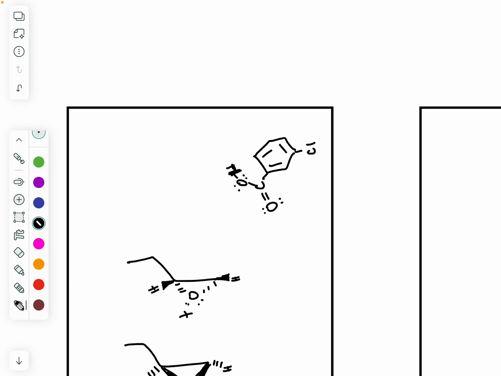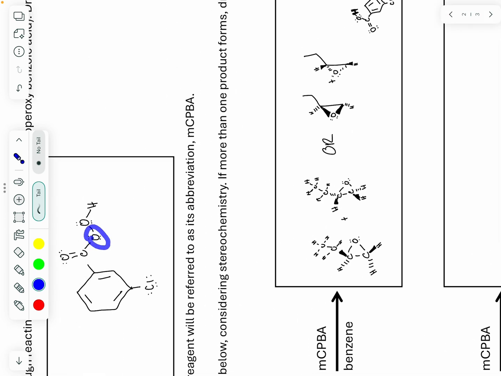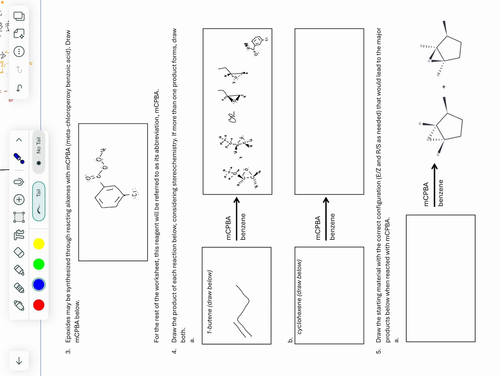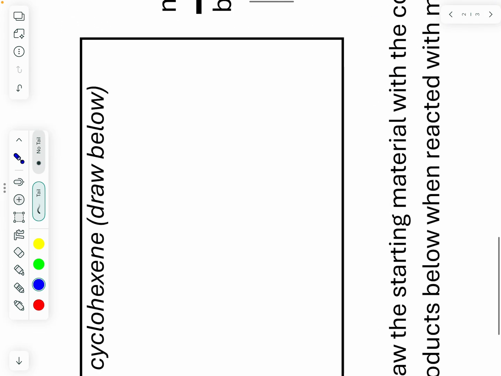You don't completely need to know that, but it's a good note to know that one of these oxygens in the middle right here is actually going to bond and form that ring right there. So just to note.